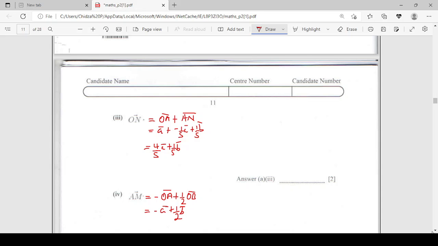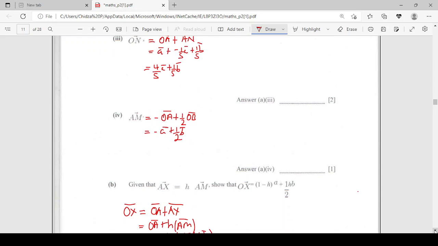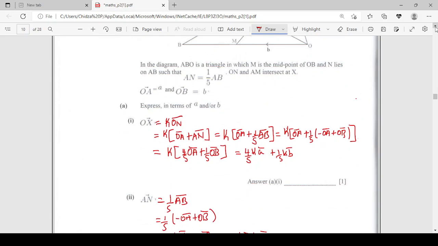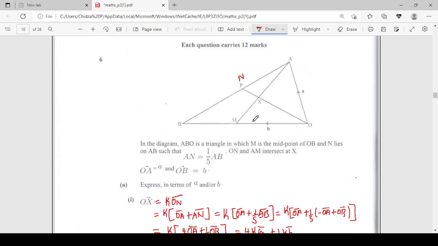The next part, we're being asked to find AM. AM is minus OA plus half OB. You can go back to the diagram and see that our M is there.